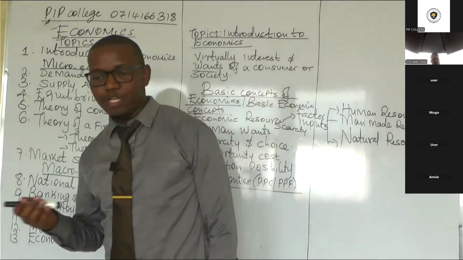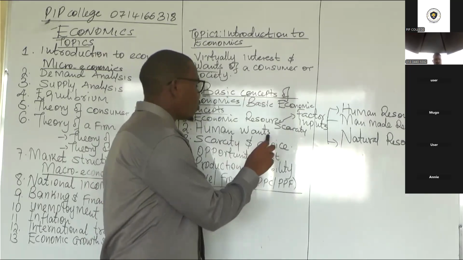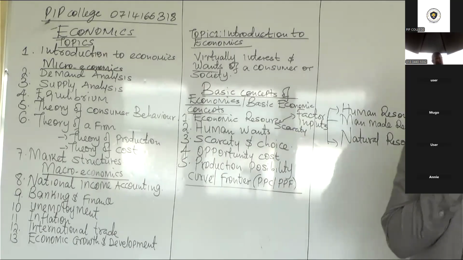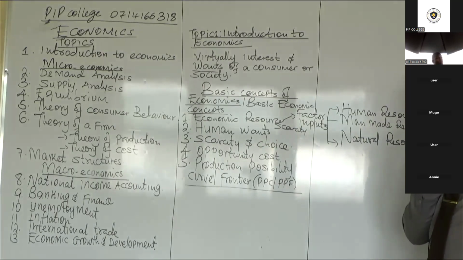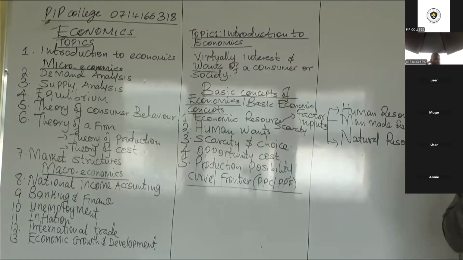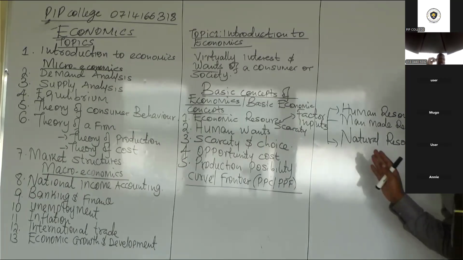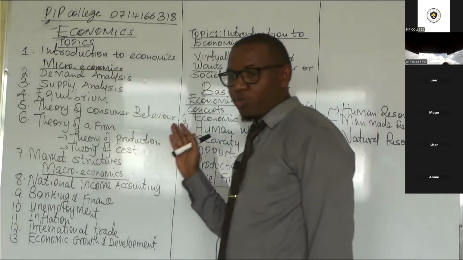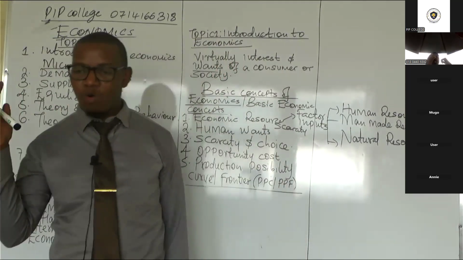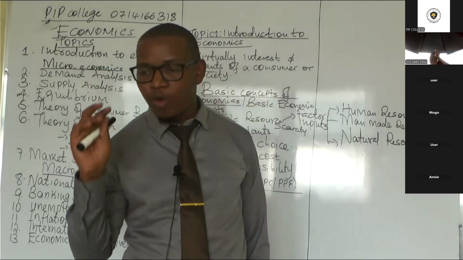Now we can get to the second one, which is what we call human wants. As I've explained here, when we talk about human wants, we are talking about people's desire that will help people to improve their well-being.